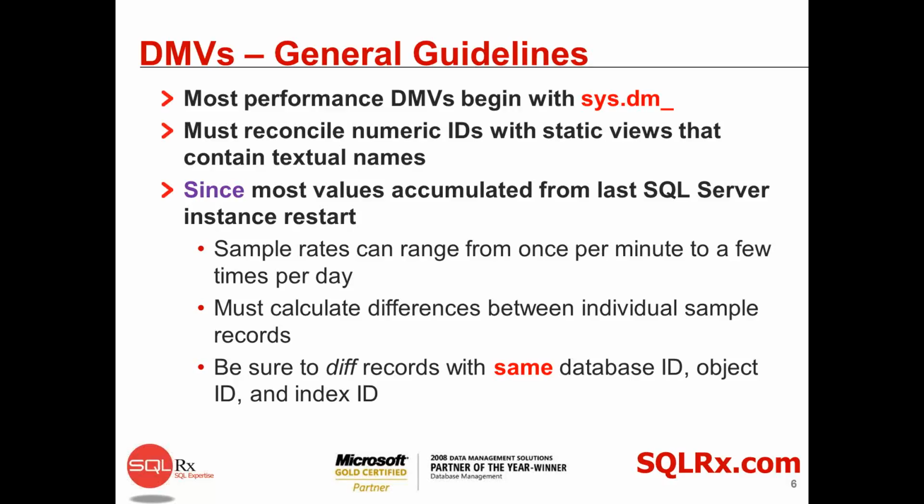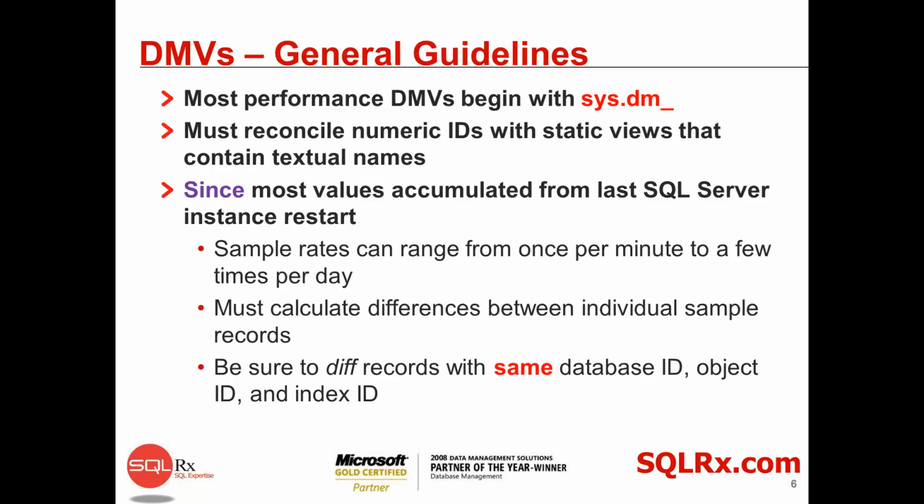As I mentioned before, you have to reconcile numeric names with static values so that you can get text names that make sense to you. So instead of having table number 1, 2, 3, 4, 5, 6, it's personnel or something like that. It makes it much more consumable by you.